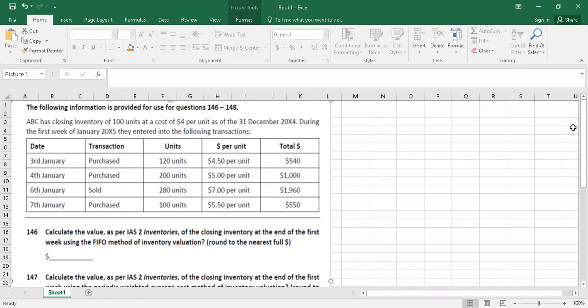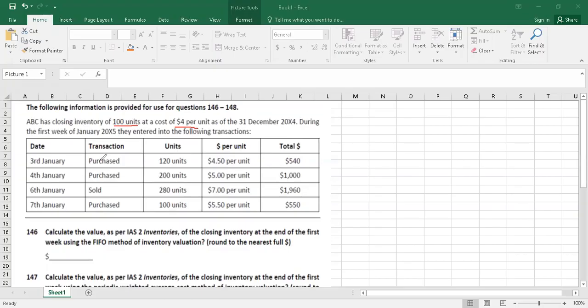Let's solve this one. Now, the question is that at the beginning of this period, January, that's the close of December, they had on hand 100 units. The cost of these units is $4 per unit. So that's the available stock they have.